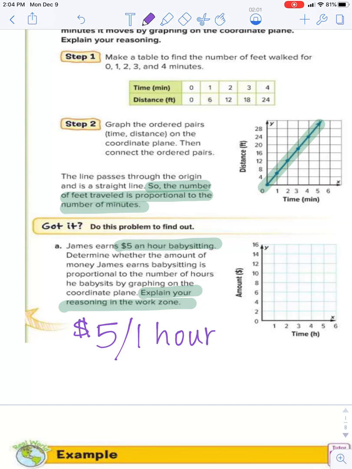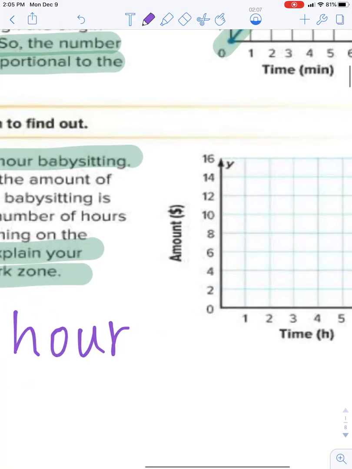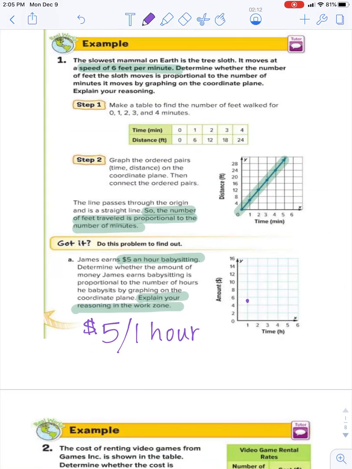That's just like a coordinate pair, 5 for every 1. So the time is 1 hour, the amount of money he earns is $5, so we have that point right there at 1, 5.